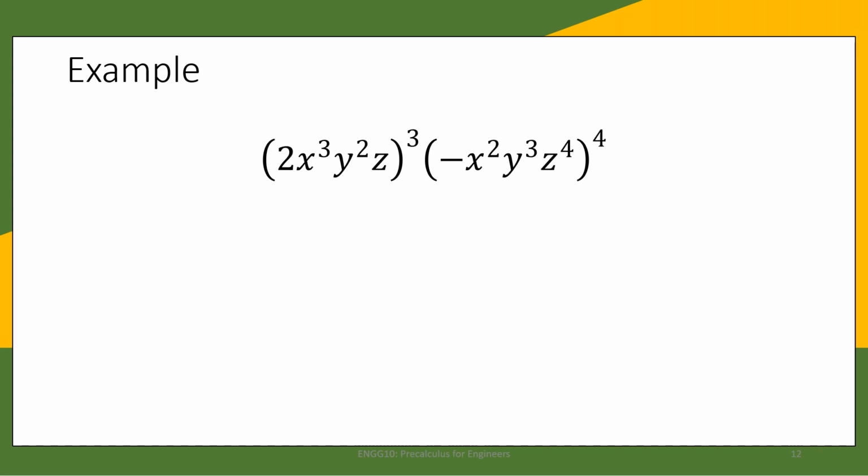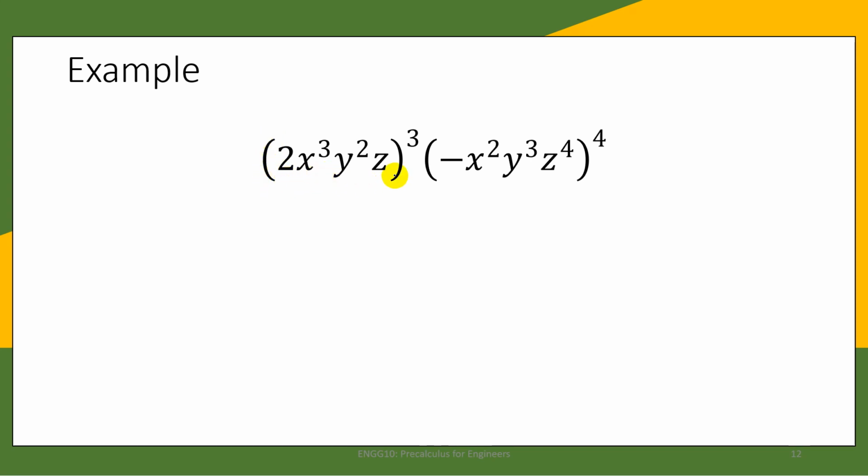This example is an application of the third theorem, right? So the power of a product. So if you recall, this expression here, 2x cubed y squared z, they are all raised to 3 because of the presence of parentheses here.